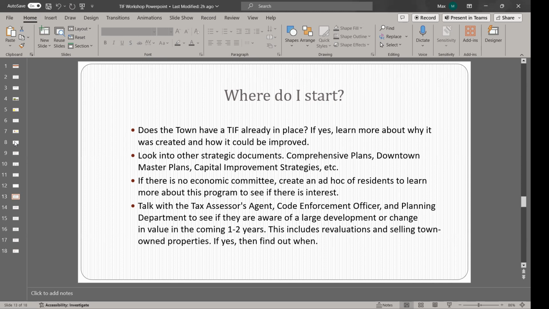1, do I see my community seeing a huge change in value anytime in the next 2 years? Could be the revaluations. A lot of towns are going through this right now. But here in the town of Warren, it was a solar farm, 1 parcel, 500 to 600 acres or so. That is going to create millions and millions of dollars in significant change.